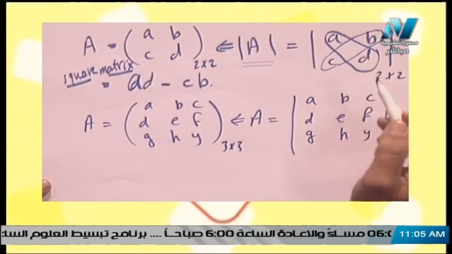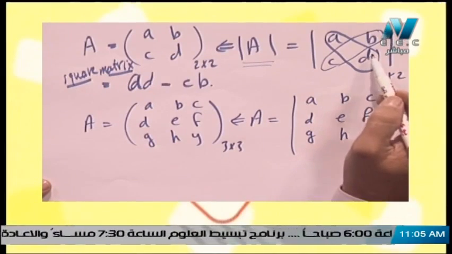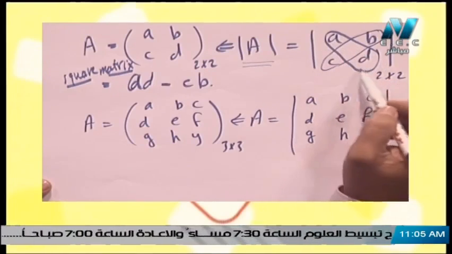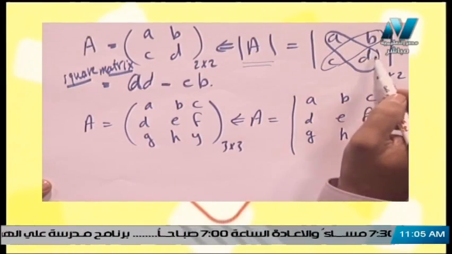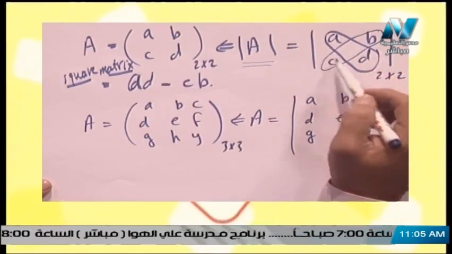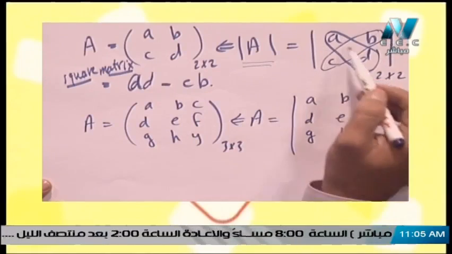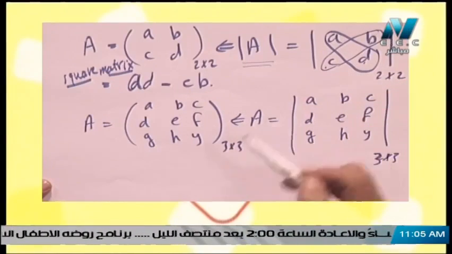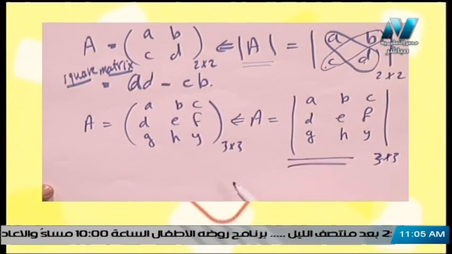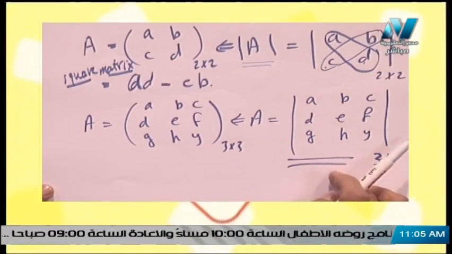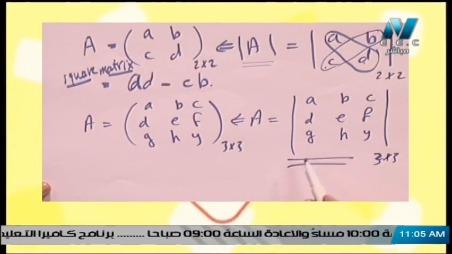And we have said that we have a determinant here. If we would like to find its value, we multiply the principal diagonal minus the other diagonal. So A times D minus C times B. But for this determinant, we have many steps to find it.